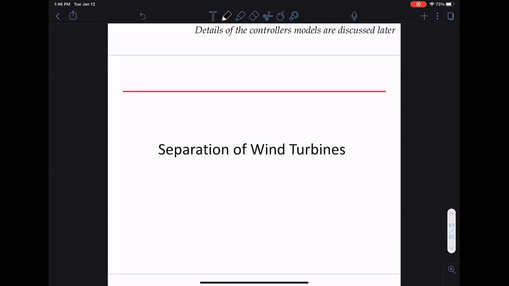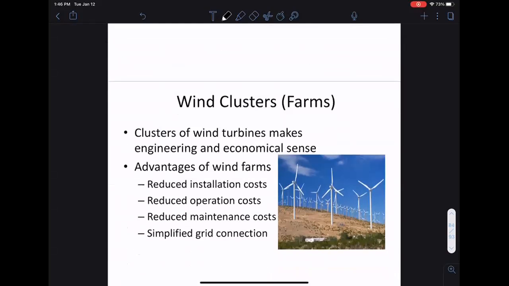So now let's look at what happens when you have more than one turbine. You have many turbines, what happens? Most of this comes down to how far apart they have to be. And the reason we have farms is that they reduce the overhead cost.